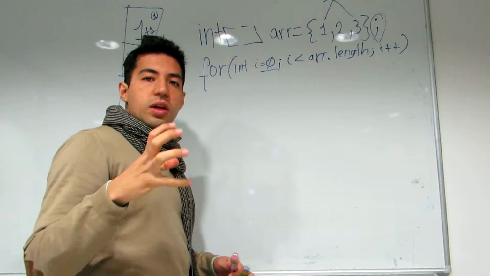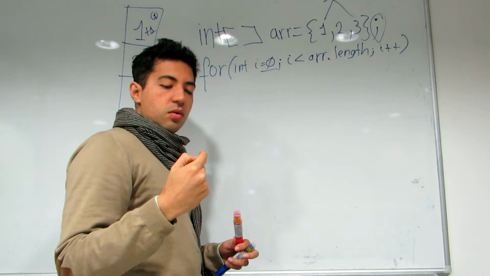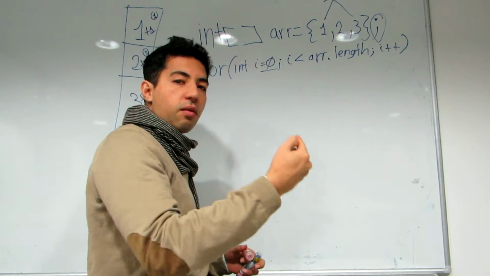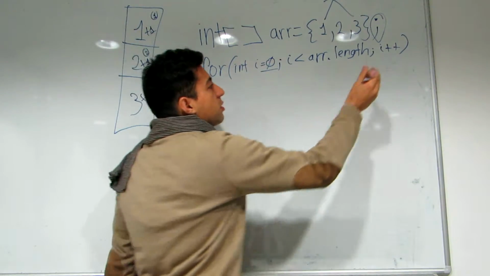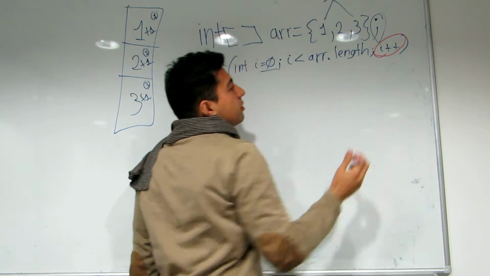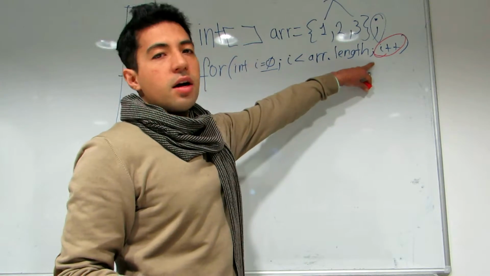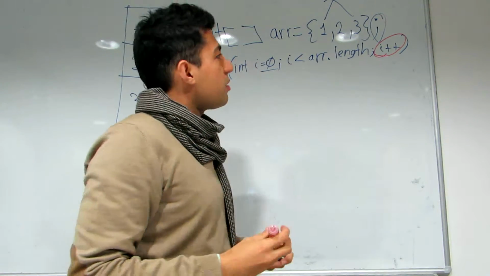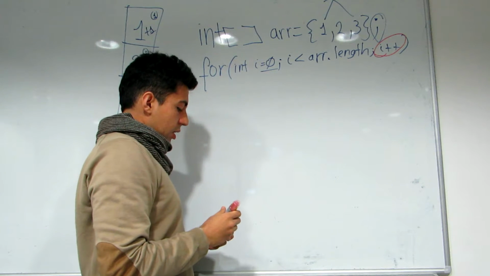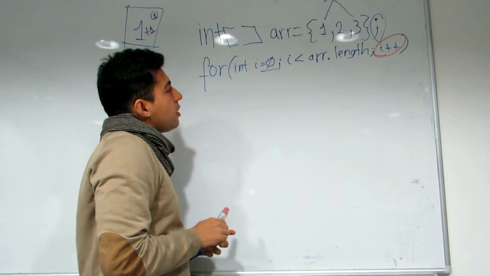And in order to go through the array, you put an iteration here. That is i, the index.